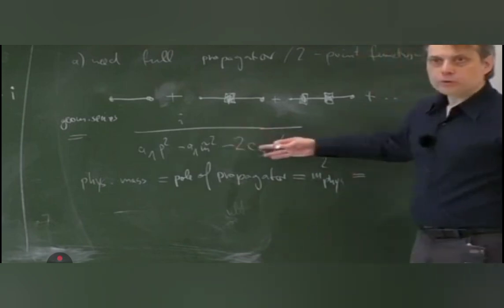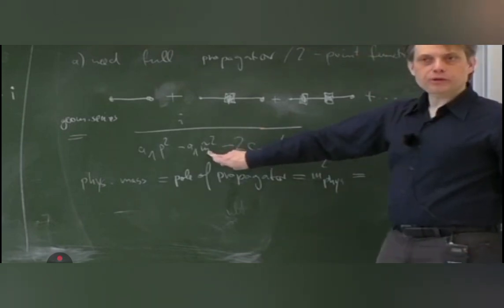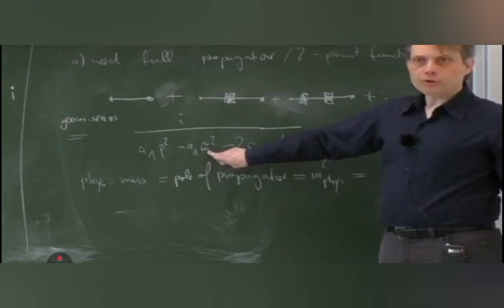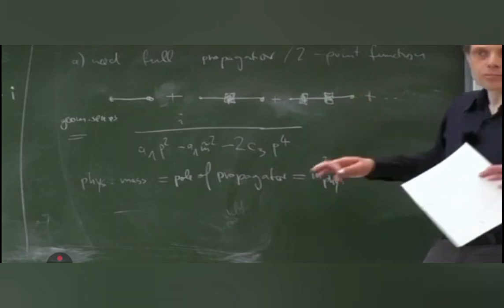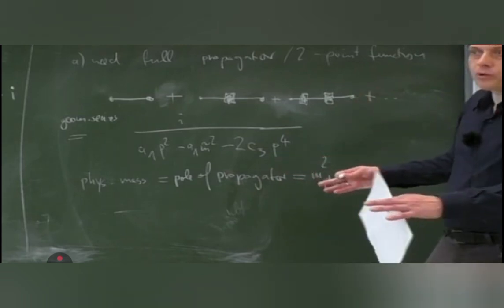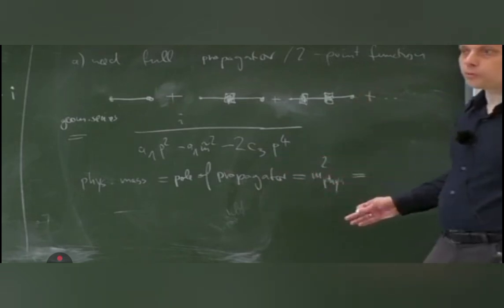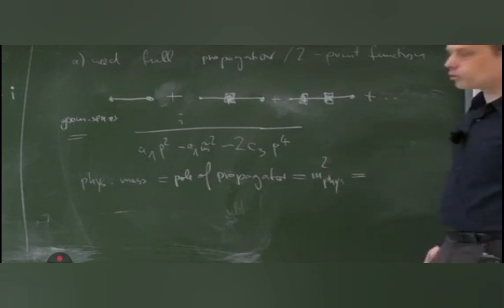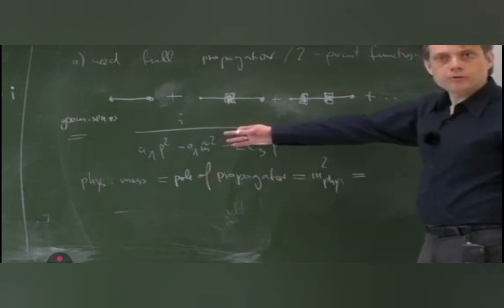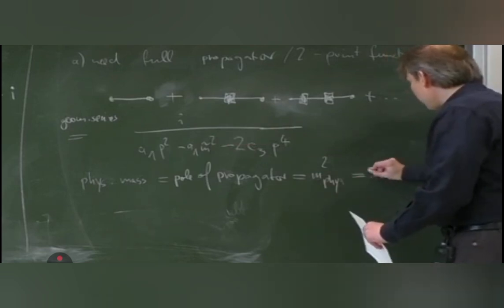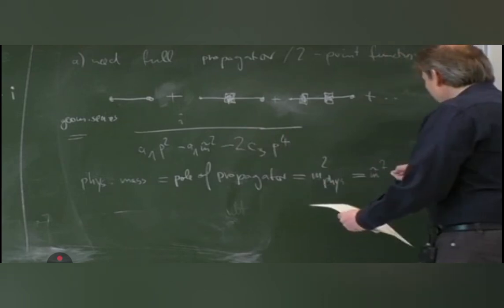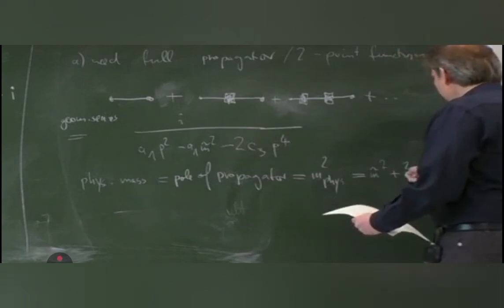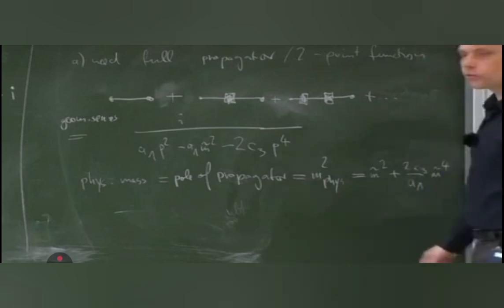And if you work out what that is, the pole is not at the variable m tilde. So m tilde is not the physical mass. M tilde is the mass parameter of the Lagrangian, but you will see here that the mass parameter of the Lagrangian does not need to coincide with the physical mass described by the overall theory because of interactions. And so the physical mass is not equal to m tilde squared, but it is given by m tilde squared plus a correction, namely plus 2c3 over a1 times m tilde to the fourth power.